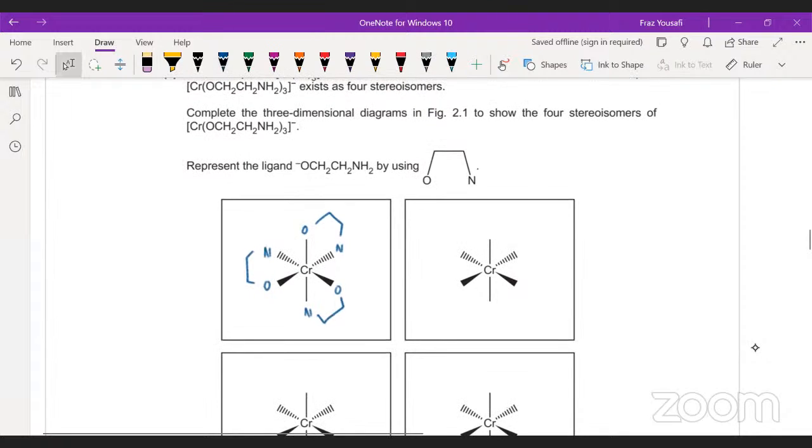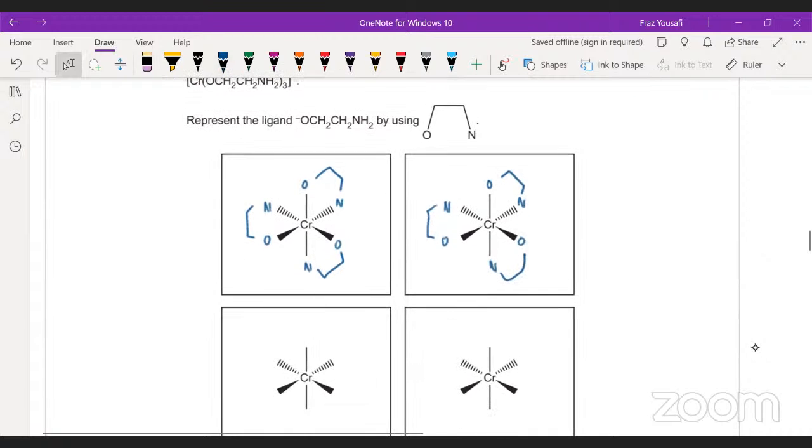All right, one possibility is this. So on the other end, you would get its exact mirror image. That's one possibility.